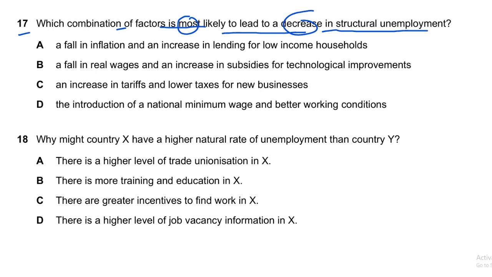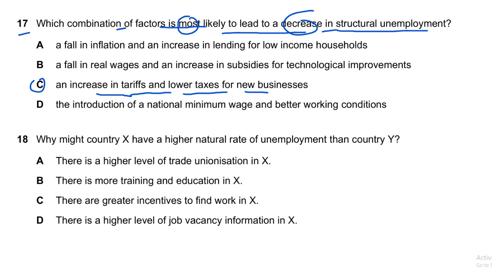So which factor is most likely to lead to a reduction in structural unemployment, right? Option C is the correct answer: a reduction in import tariffs and lower taxes for new businesses. A reduction in import tariffs will lead to more investment taking place, because importing raw material from other countries will also be cheaper now.